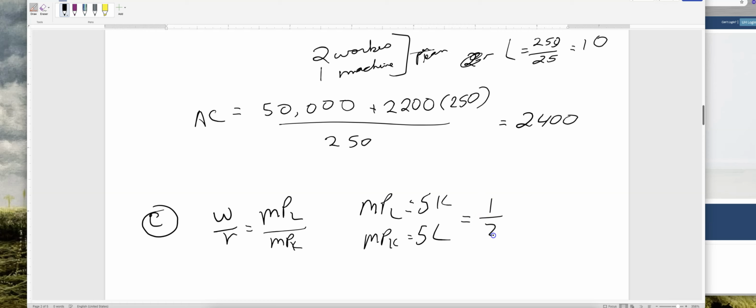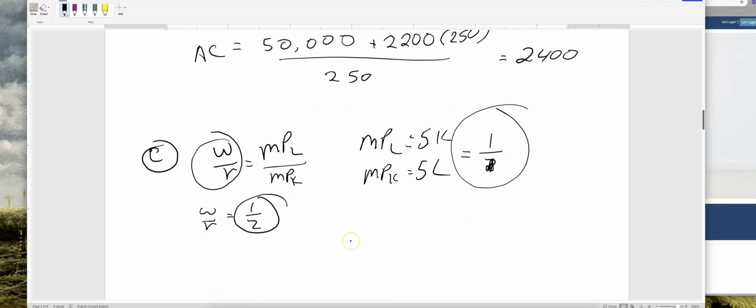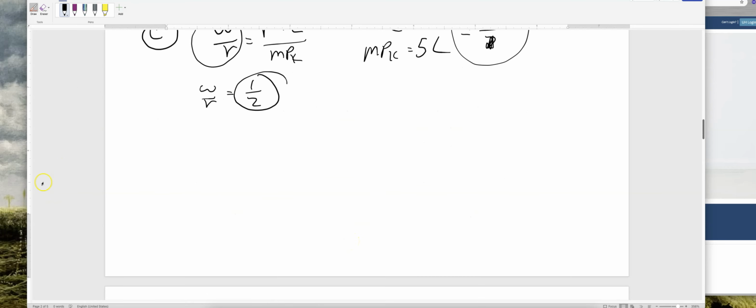It would just be 1 over 1. Well, what do we know in terms of the cost? That ratio is 1/2, 5,000 over 10,000. What do we see? Not optimal. Okay. Let me pause and then I'll start a new page.